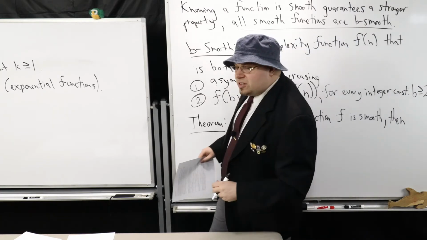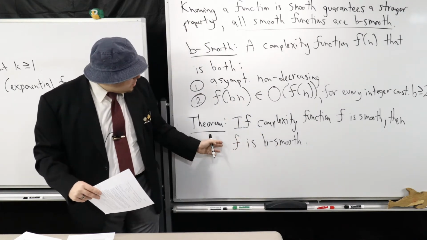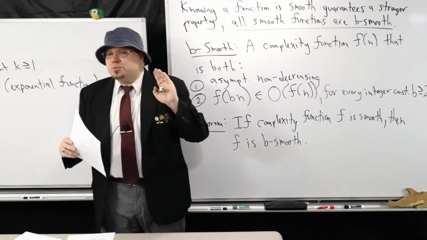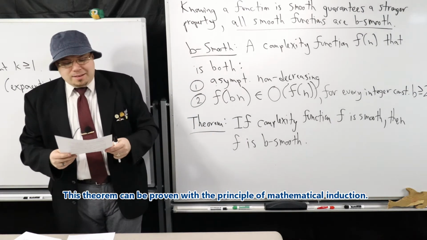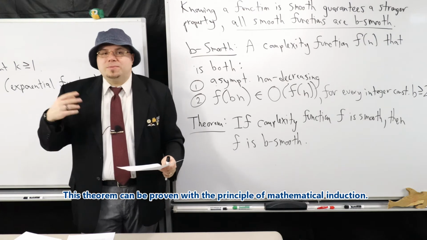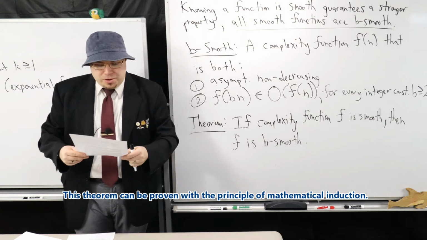So any smooth function is b-smooth. That's one of the important things I want you to observe: if I just prove smoothness, I get b-smoothness for free. And this property of b-smoothness comes up in one of the proofs that I'm going to show you later on, kind of the main one I would show you.